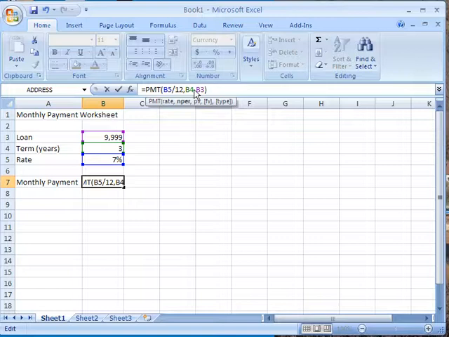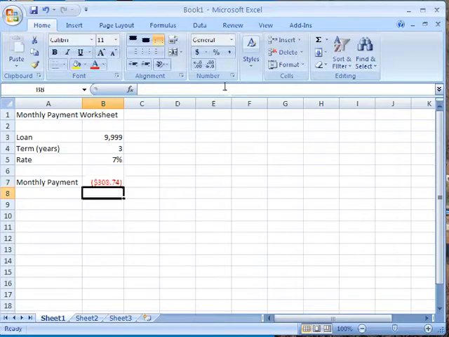It's the number of years times 12. I don't want to hard code a 36 there, because if I decide to try a longer period, 4 years, 5 years, then I would have to change it in the formula. Enter. $308.74. That's the correct answer.